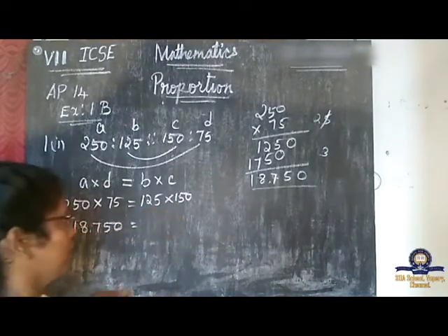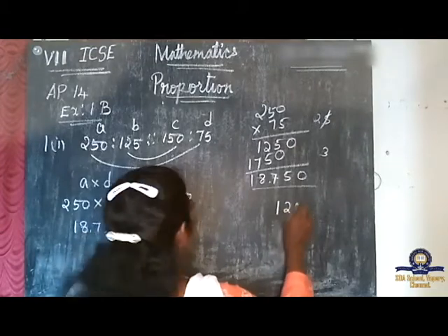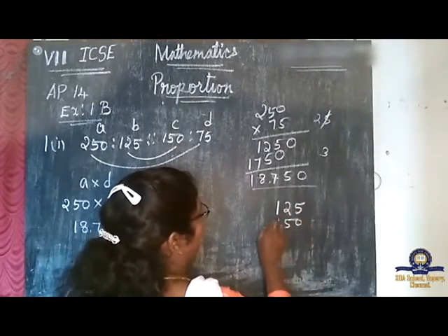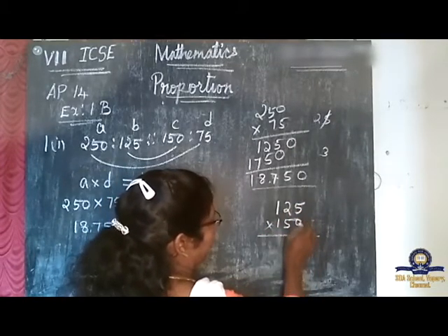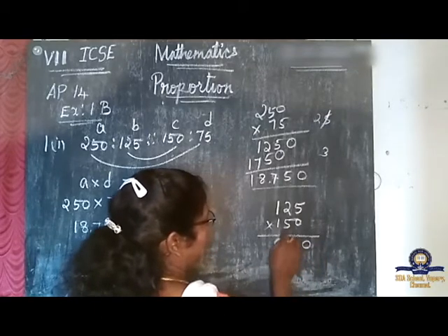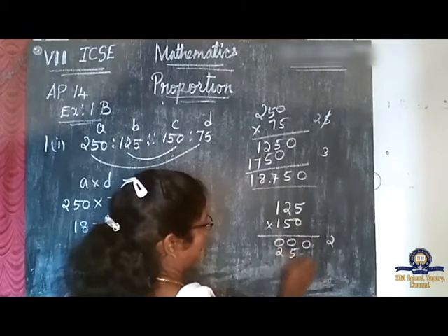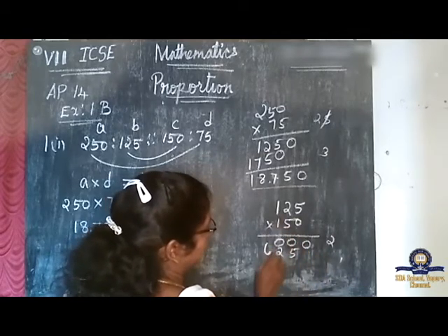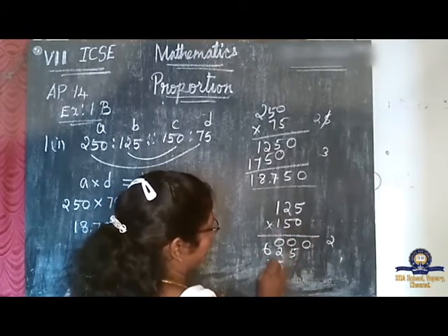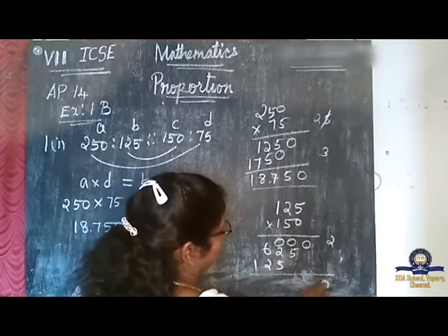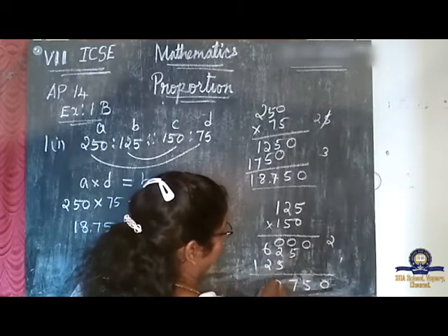Let's find out this also. 125 into 150. When we multiply by 0, we get 0. 5 5s are 25, 5 2s are 10, 10 plus 2, 12, 5 1s are 5, 6. Continuing, we get 18,750.